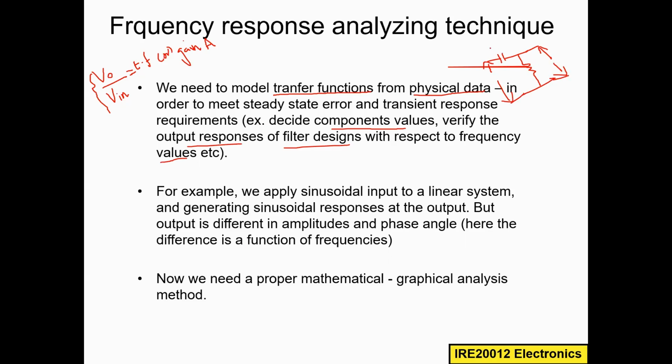So we need to decide these R and C values, right? So what is the cutoff frequency value? 1 divided by 2 pi RC, right? So you need to decide this R and C value. To decide the correct values for C and R, you have to do some simulations and some mathematical analysis of how the frequency response is varying at the output.